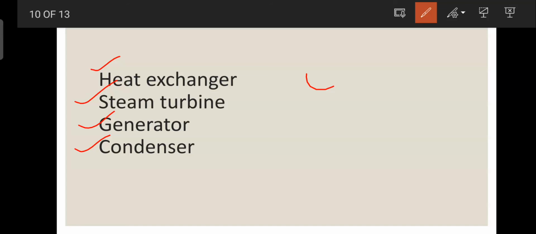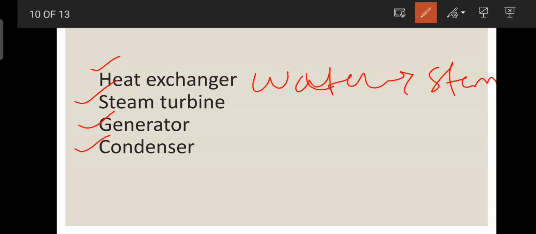So what does the heat exchanger do? The heat exchanger is used to convert water into steam, using the heat generated in the reactor. Then come to our steam turbine. What does the steam turbine do?